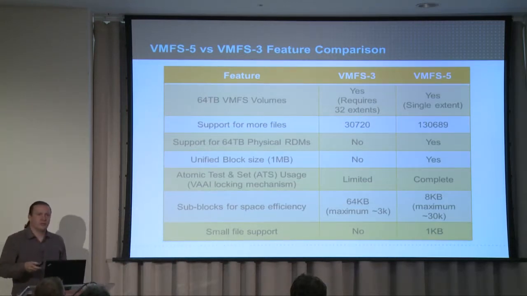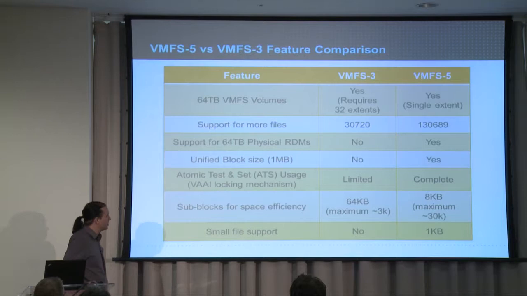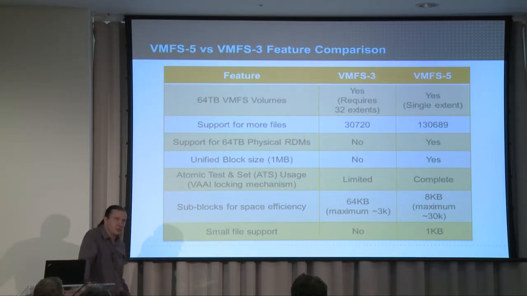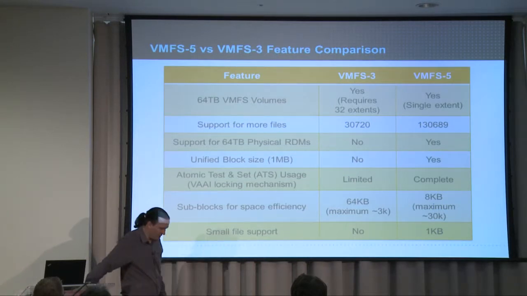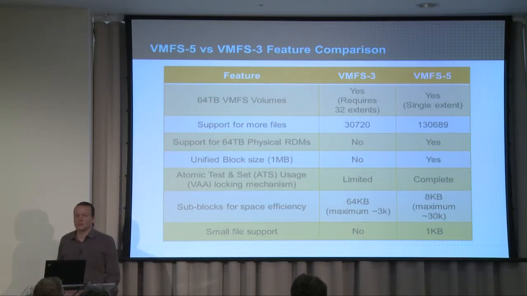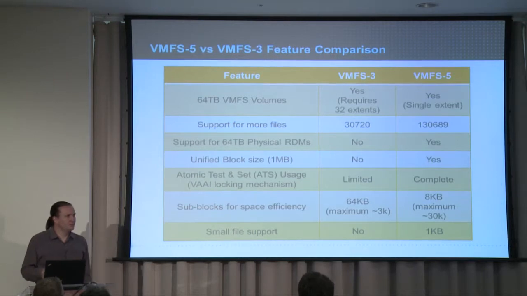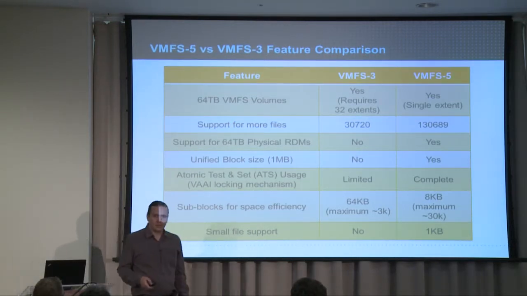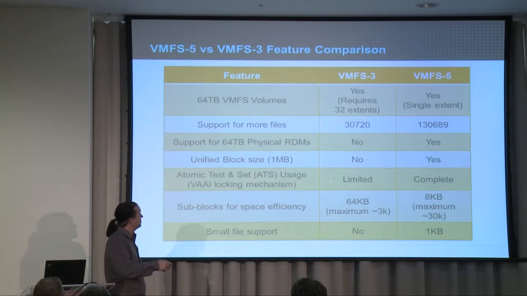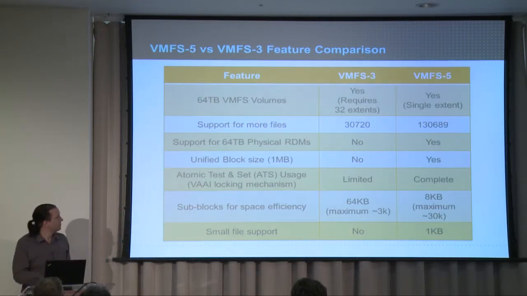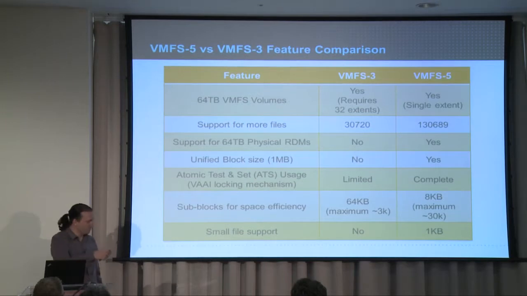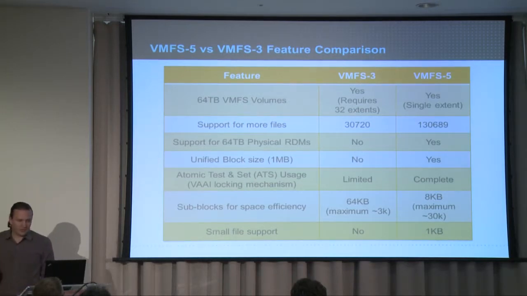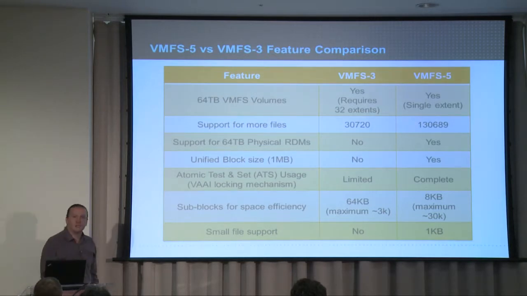It's much more efficient at writing data when you've got a smaller block size like that, because what used to happen, in order to create large 1.9 terabyte files, you had to change the block size, and it went up to 8 meg, and that's much more inefficient at writing. With VMFS-5, now it's 1 meg across the board, which is a nice change for efficiency and for speed, which obviously is needed for VDI.